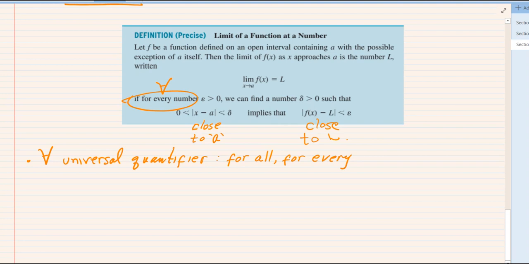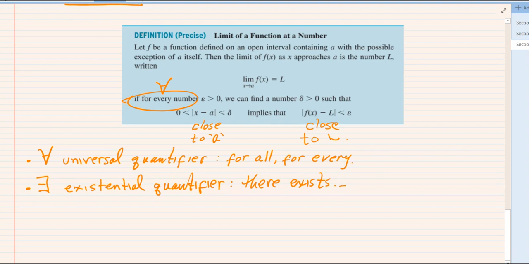The other quantifier is the existential quantifier. It's like a backwards E. This is called the existential quantifier, and it means there exists.